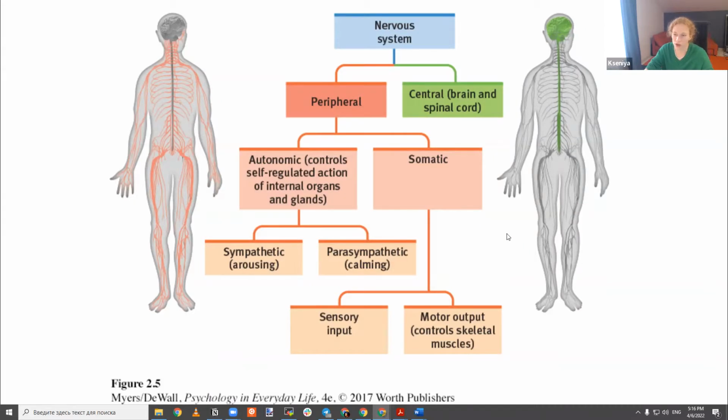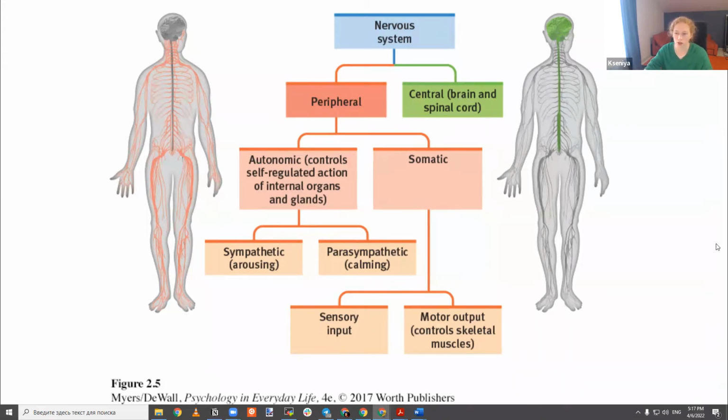The autonomic nervous system is further subdivided into the sympathetic and parasympathetic nervous system. The sympathetic nervous system is activated in cases of emergencies to mobilize energy, while the parasympathetic nervous system is activated when the organism is in a relaxing state.